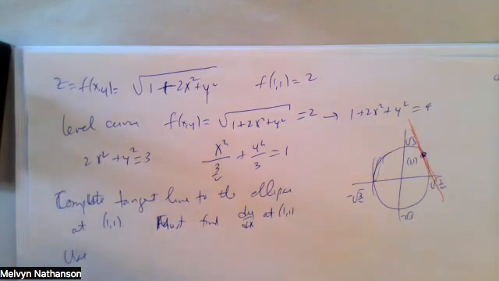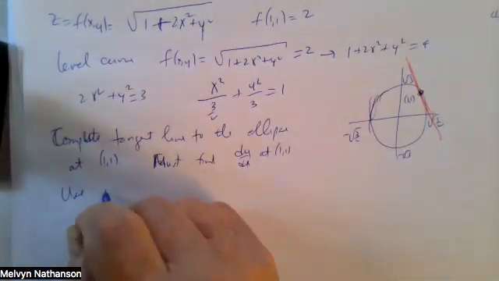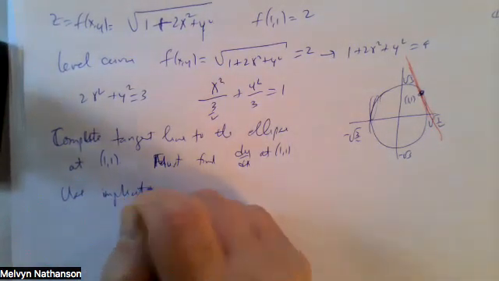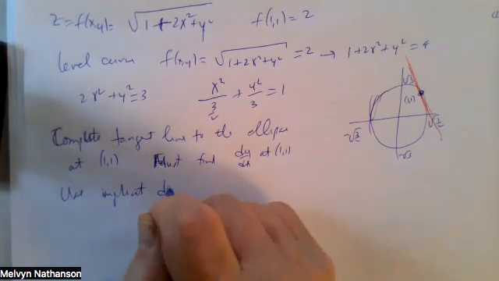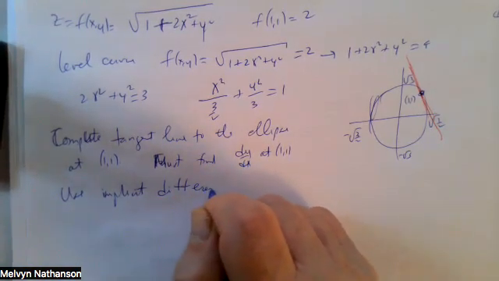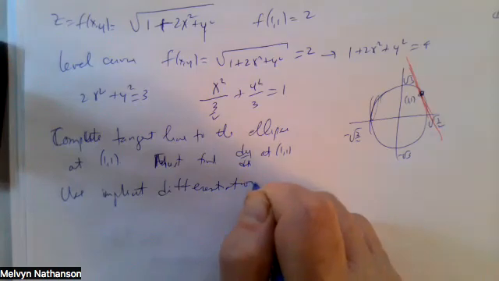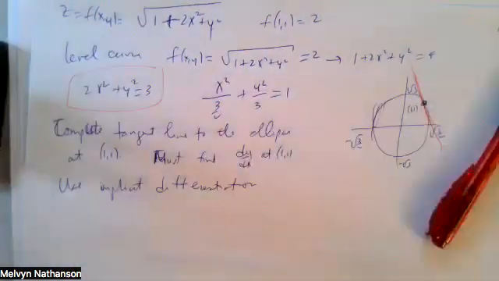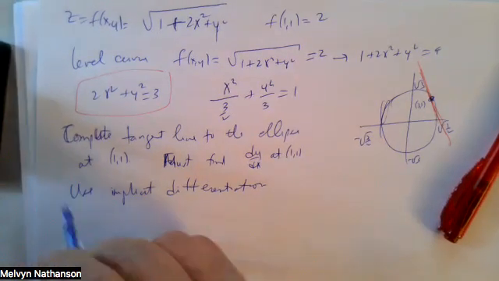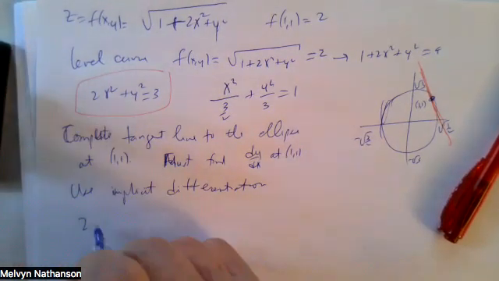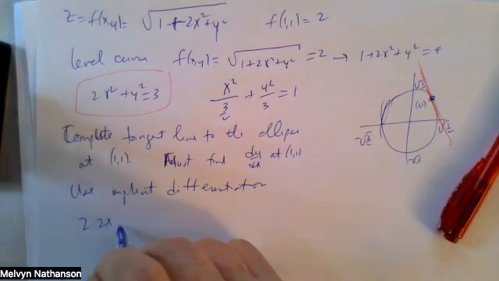And I can do it most quickly by using implicit differentiation, using this equation for the ellipse. If I differentiate with respect to x, I get 2 times the derivative of x squared, which is 2x, so 4x.